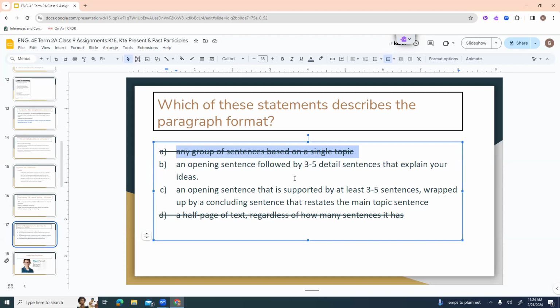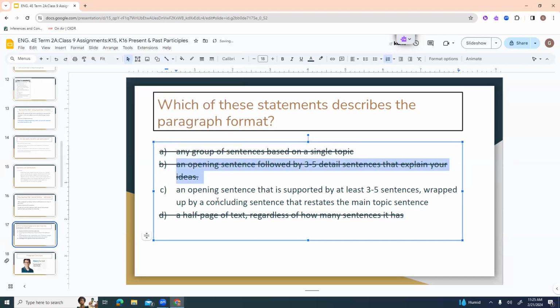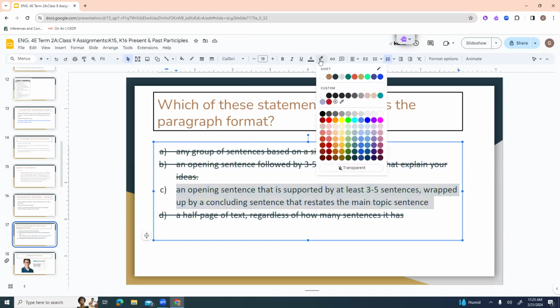We've got our top bun with our opening sentence, and then our bottom bun with our concluding sentence. B does not mention a concluding sentence, so it cannot be correct. And I'm going to cross that off. That only leaves us with an opening sentence that is supported by 3 to 5 sentences, wrapped up by a concluding sentence that restates the main topic. I'm going to highlight this in green.